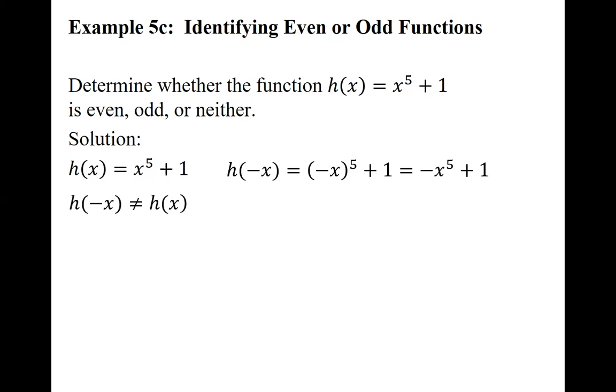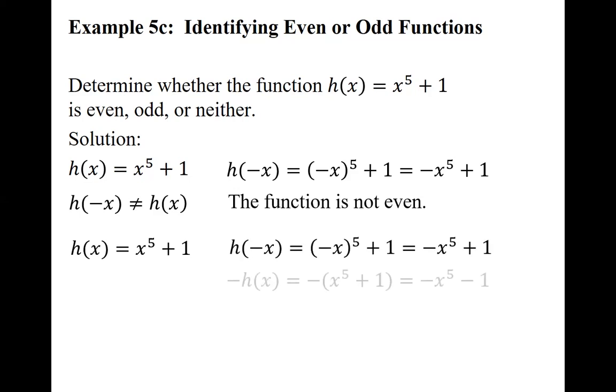So we didn't get the original back. The function isn't even. We didn't get the opposite back, so the function's not odd.